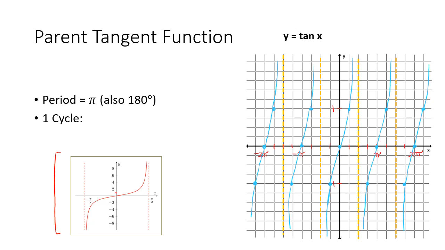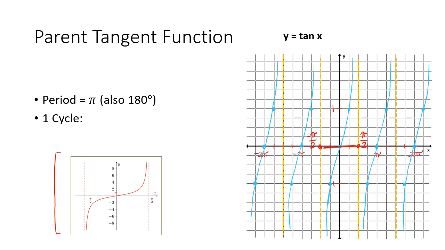Our period is not 2 pi like it was for cosine and sine. It's actually just going to be pi. For every pi units, I'm completing one cycle. Remember, our first vertical asymptote was here at pi over 2, and then we had one also at negative pi over 2, so the distance between those 2 asymptotes is actually just pi.